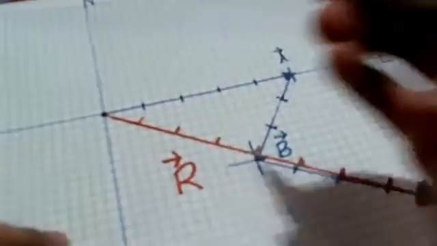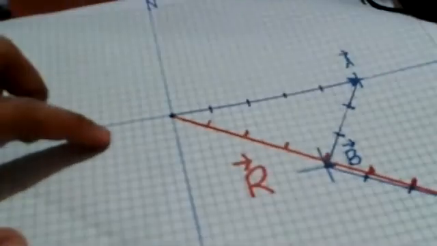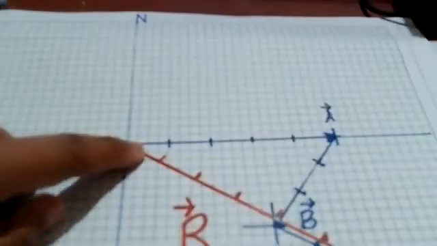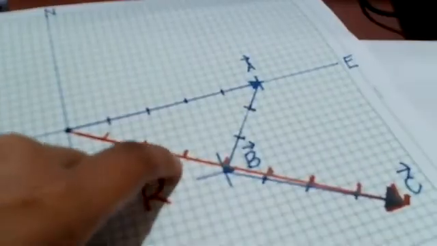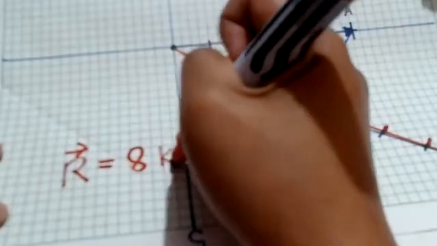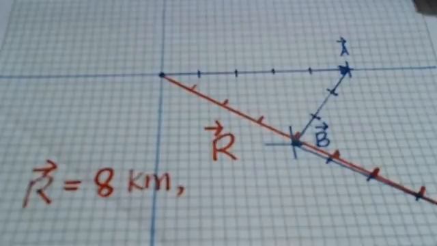So our resultant has a magnitude of, let me write it here, R is equal to 8 kilometers.